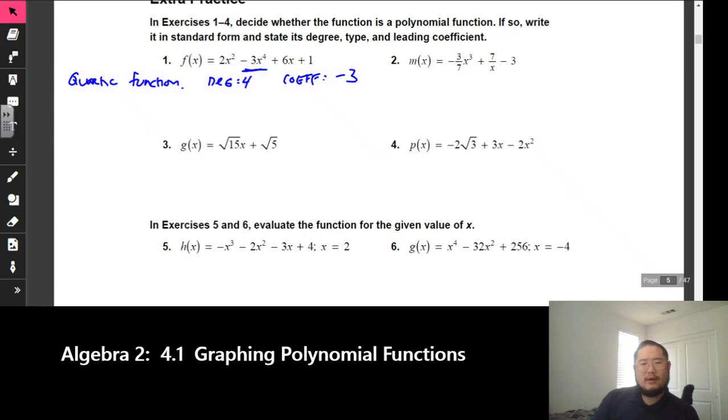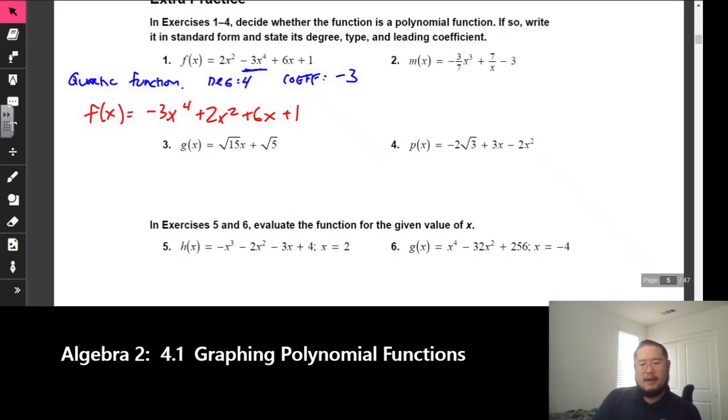Let's put this now in standard form, in descending order. So I'll start with negative 3x to the fourth plus 2x squared plus 6x plus 1. All right, so there you have that.